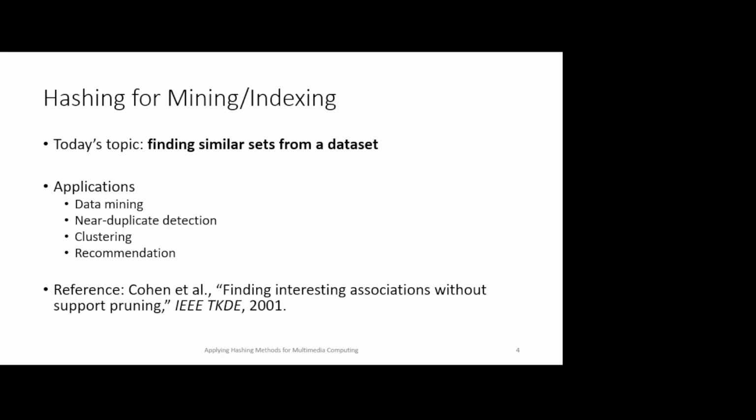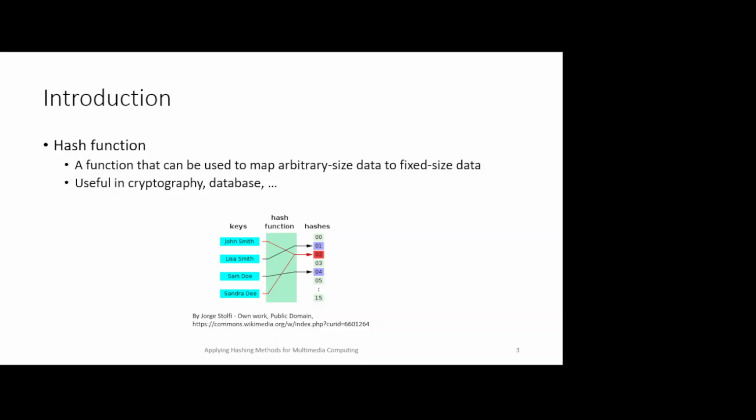But in today's topic, we will talk about how to use the hash function to find a similar set from a data set. From the previous example, you can see some keys like John Smith and Sandra D can generate the same hash value.